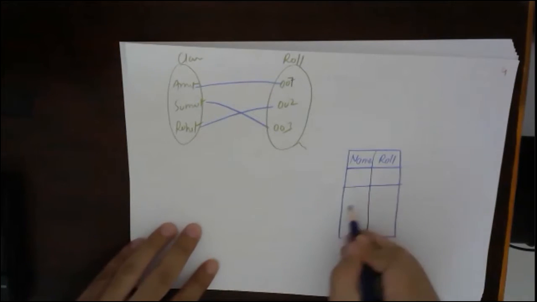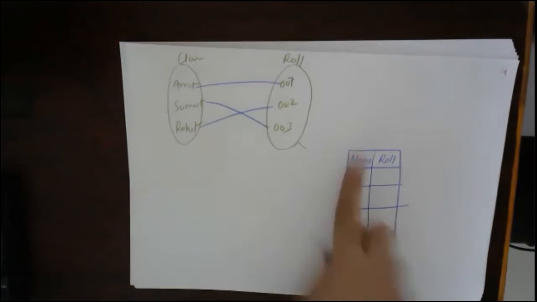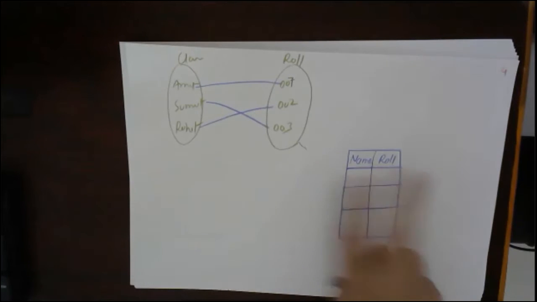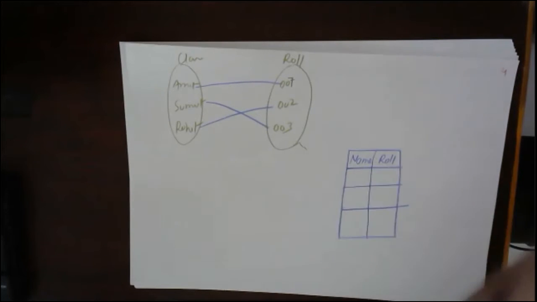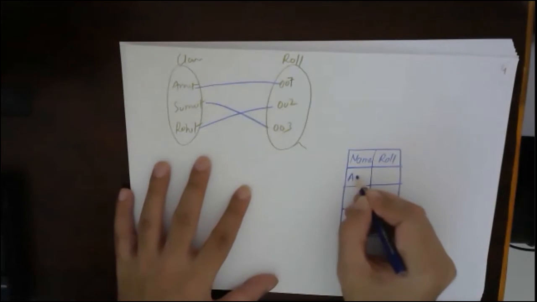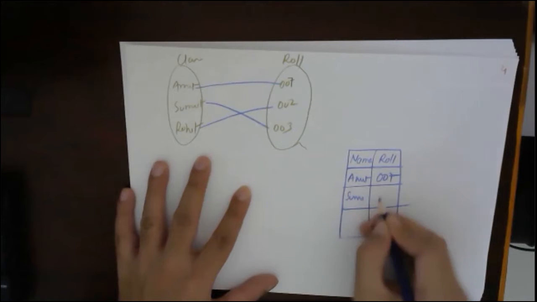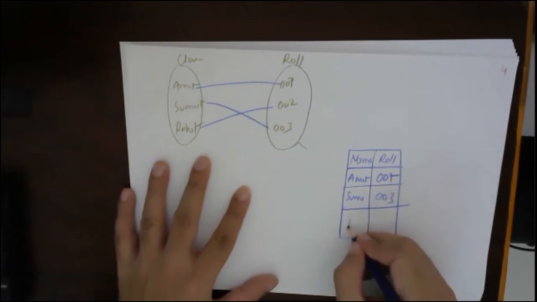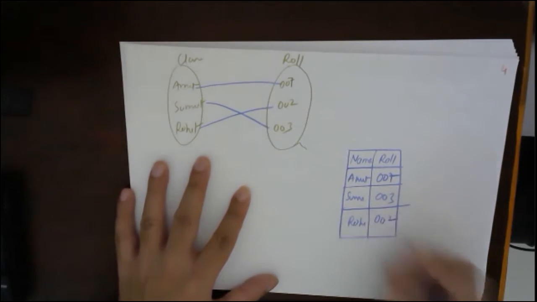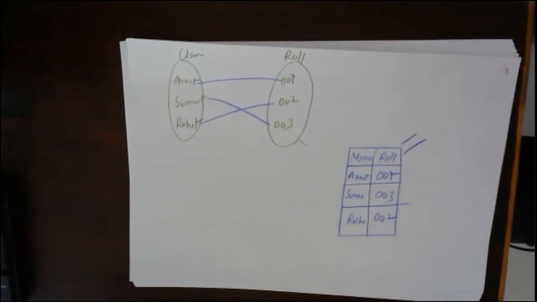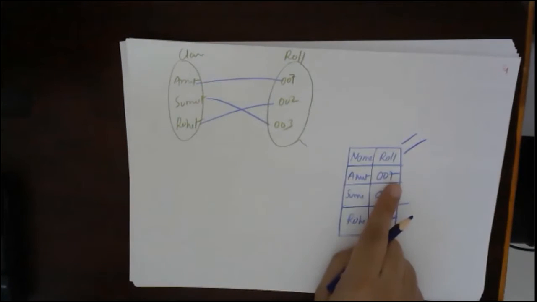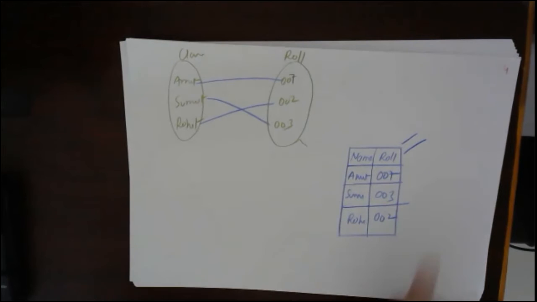Okay, and there were 3 rows. Now she asked you to write the name and the roll number in the same row. So you wrote Amit here and 007 here, Sumit and 003, and Rohit and 002. So this is the correct list. The first box shows the name, the second box shows the roll number.